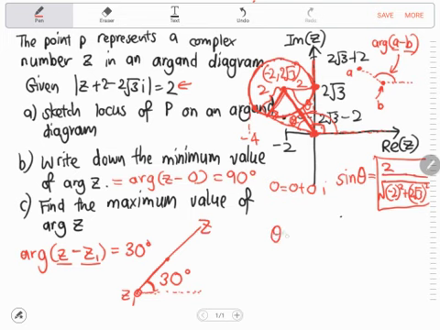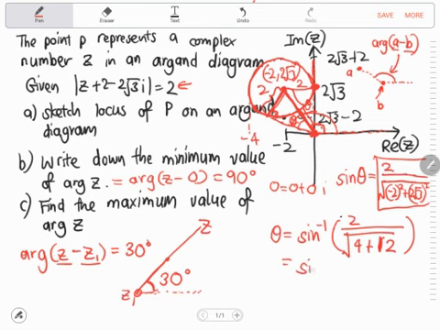First, theta equals sine inverse of 2 over the square root of (-2) squared, which is 4, plus (2√3) squared, which is 4 times 3, that is 12. So 4 plus 12 is 16, the square root is 4. Then 2 divided by 4 is half.